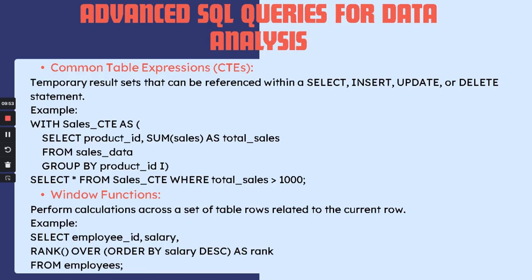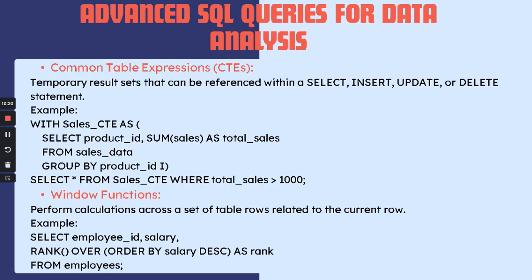Window functions, on the other hand, perform calculations across a set of rows, and return a calculated value for every row in the defined window.